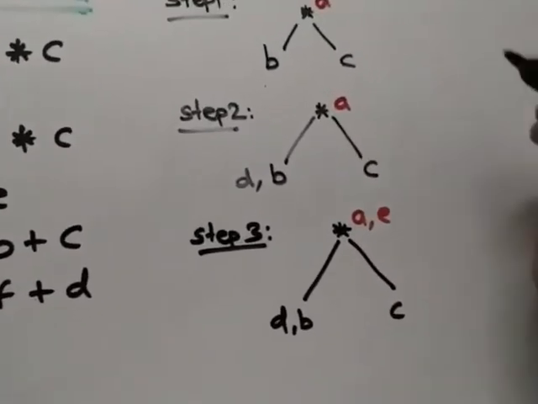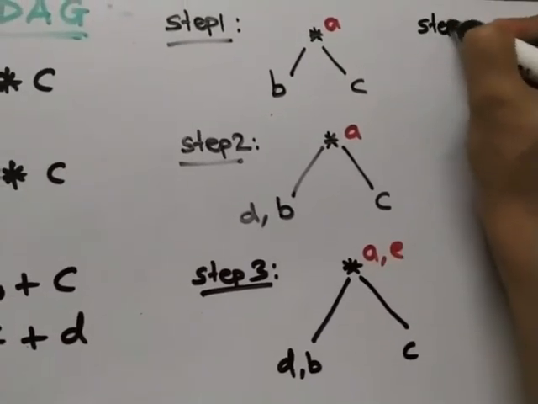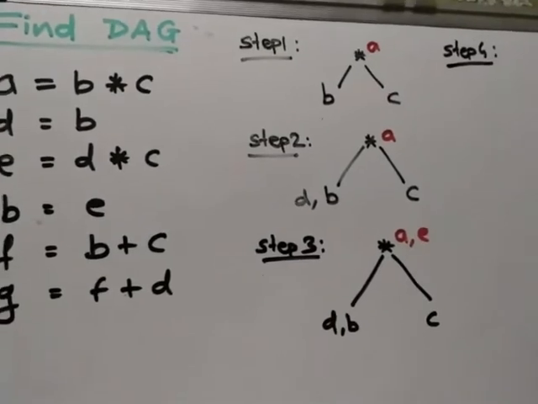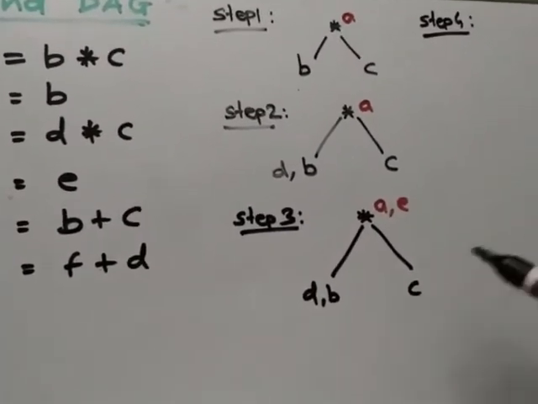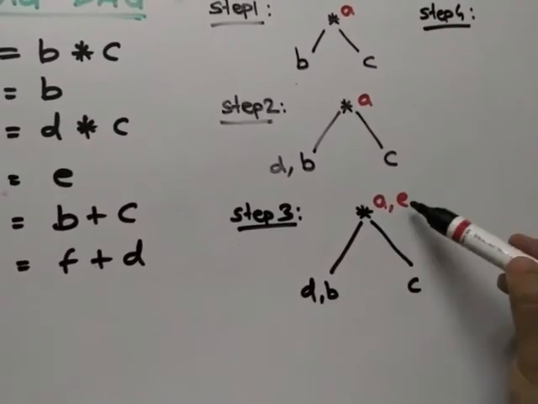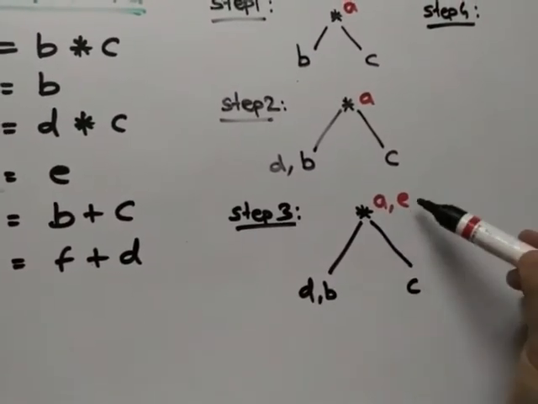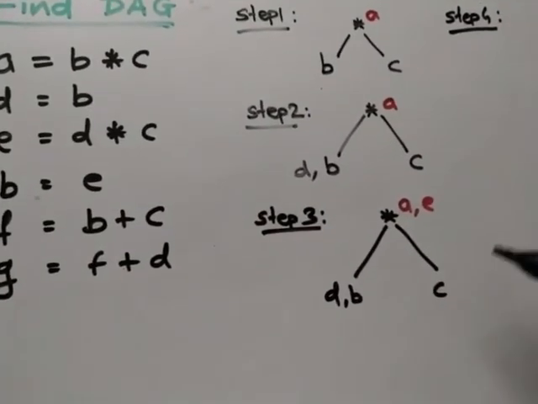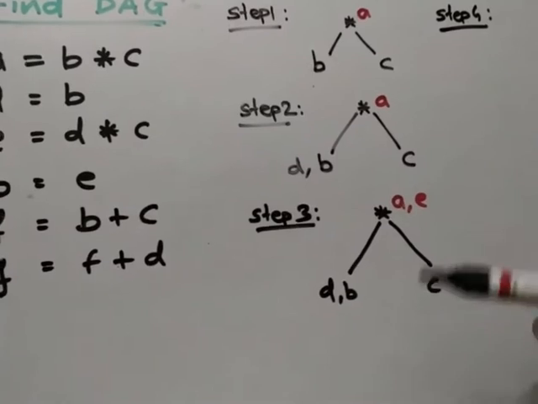Now in step 4, take the fourth statement. The fourth statement is B equal to E. Now just observe in the earlier step B is here and E is here, so we have to move this B to this particular position. Basically such statements are not needed, and for that reason the DAG has to be optimized.